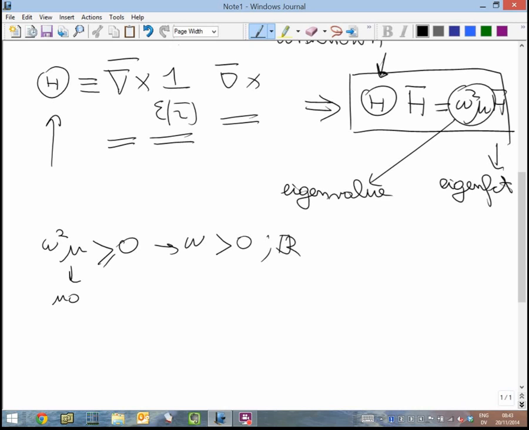Mathematically, it's not excluded that we have an eigenvalue problem where the eigenvalues are negative, and then omega squared would be negative, so omega would be imaginary, and that would not sit well for physical reasons, right? So we would like to prove somehow that this particular theta operator has positive eigenvalues.